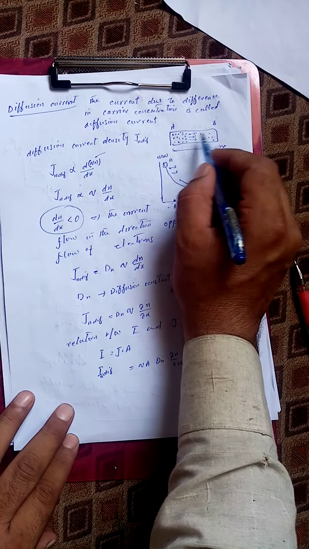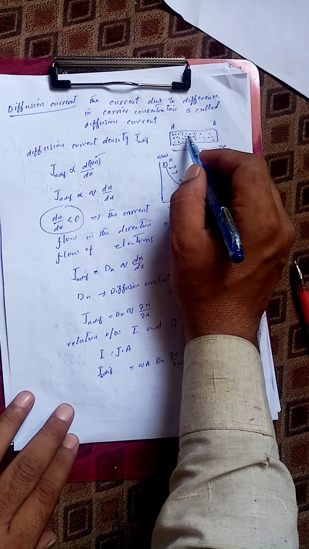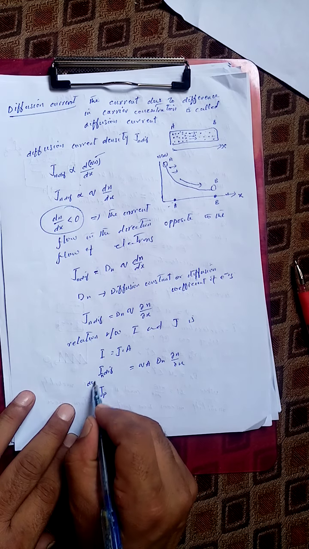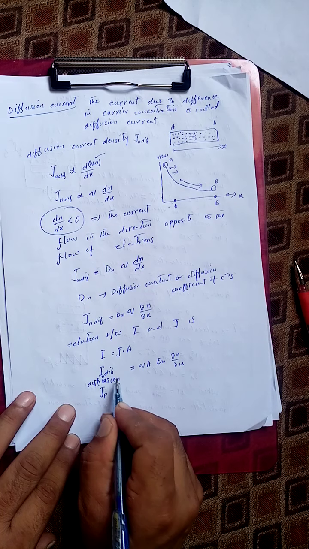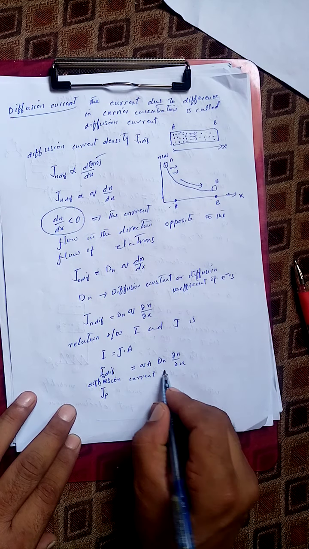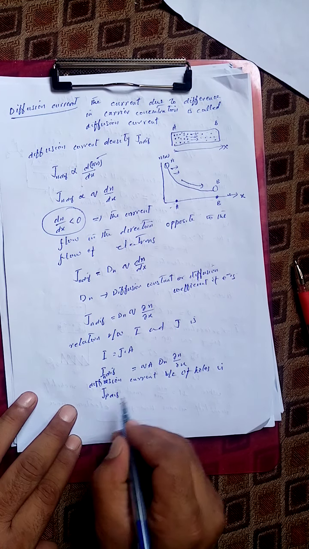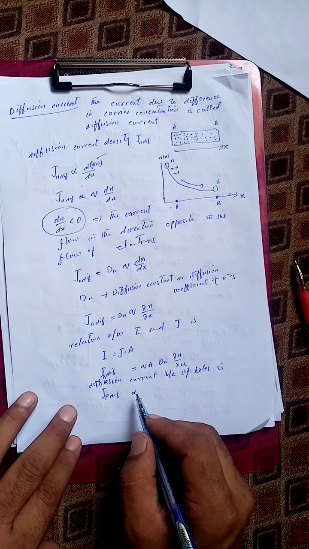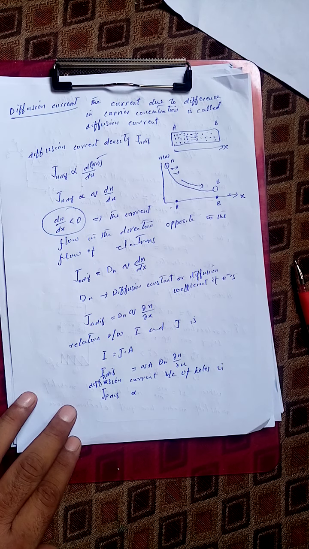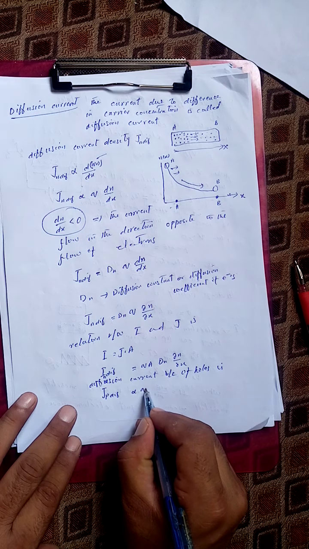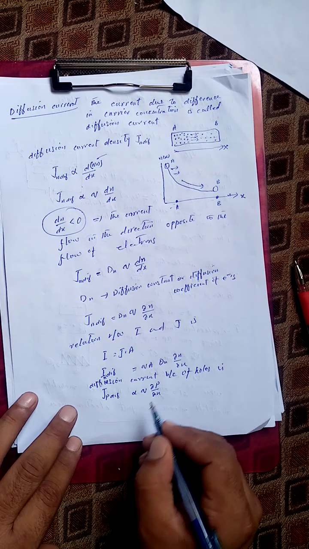So there is a diffusion current due to holes, Jp diffusion, which is proportional to the concentration gradient of holes, which is q partial p over partial x.